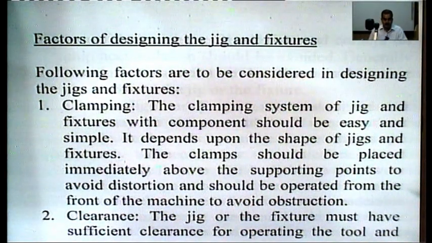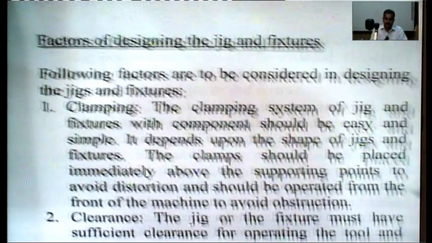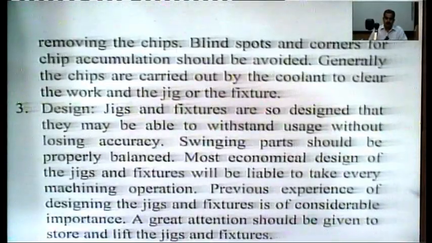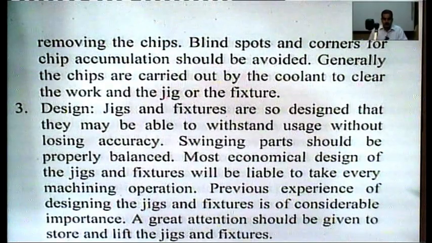Then clearance. The second factor is clearance. The jig or the fixture must have sufficient clearance for operating the tools and removing the chips. So sufficient clearance should be there so that if there is accumulation of chips, then these chips can be removed easily.